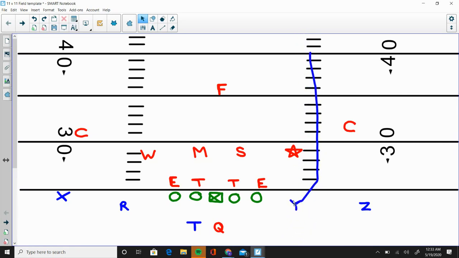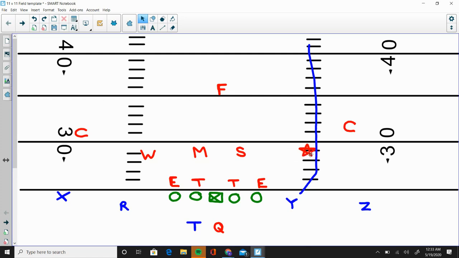A couple of things that happen by taking an outside release is, one, we want to keep this route away from this safety. If we get collision or forced inside, we kind of get fed to that safety. So we're going to take an outside release. And then that's going to give us a better look at what this edge defender is going to do.